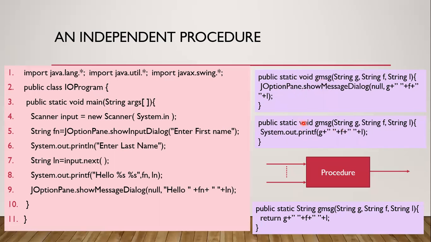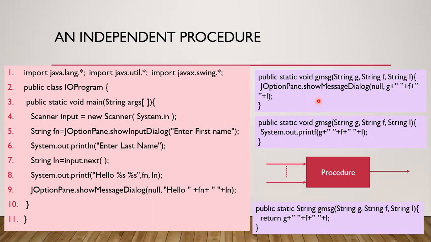The same reasoning applies here. This method is useful to the developers who are developing to print on a CLI interface. This cannot be used on the GUI interface. Doing this disturbs the independence of this procedure and reduces the reuse.